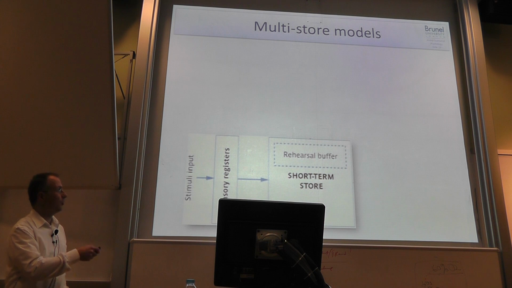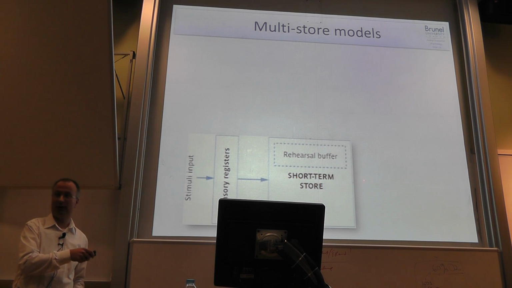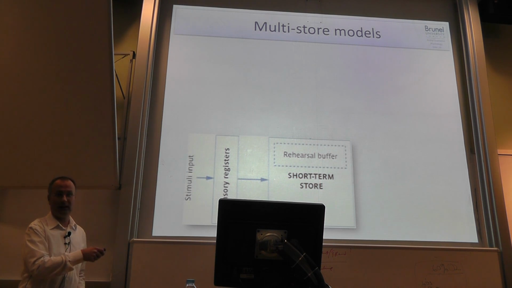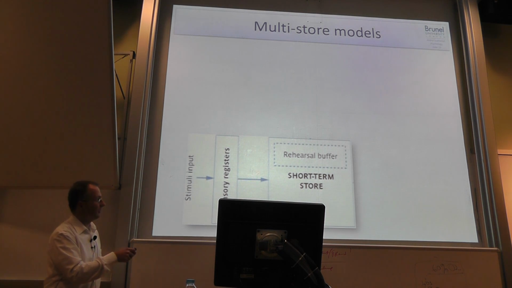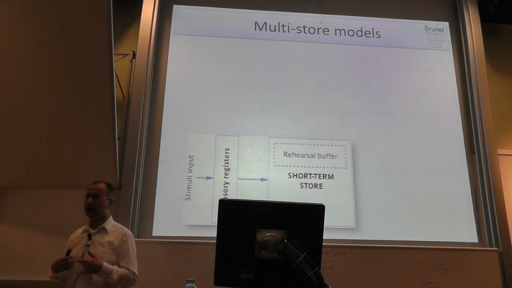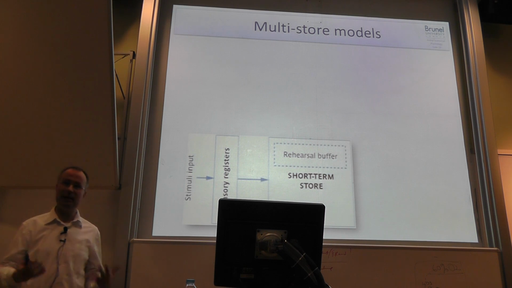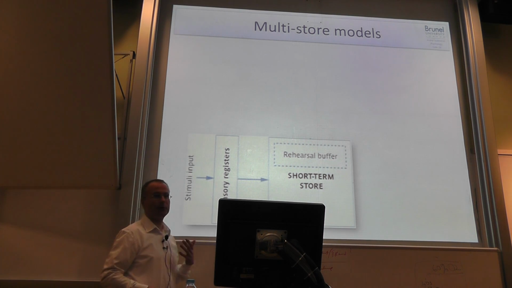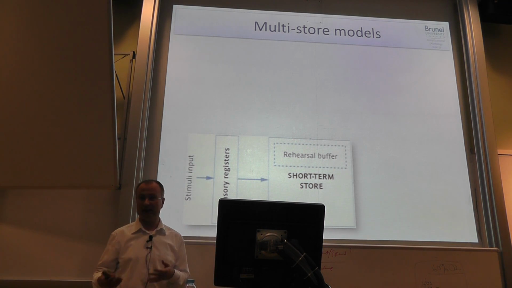And here would be the stage where attention filters which information comes into the short-term store. If you believe in early models like Broadbent's or Treisman's models, then you have attention working here, and then you have the short-term store. This short-term store is assumed to be modality independent. That means we have one store for auditory, verbal, visual, spatial information, and so forth.